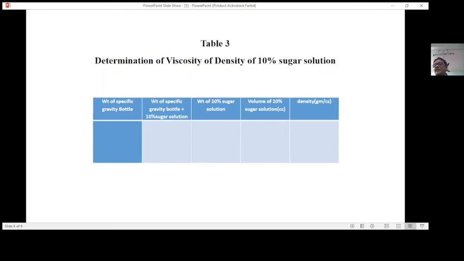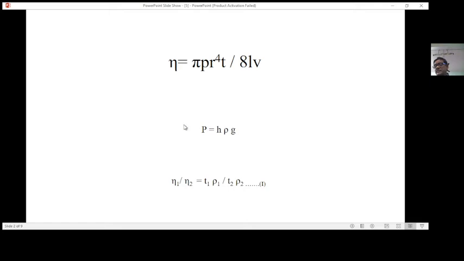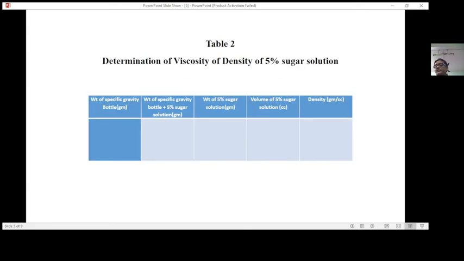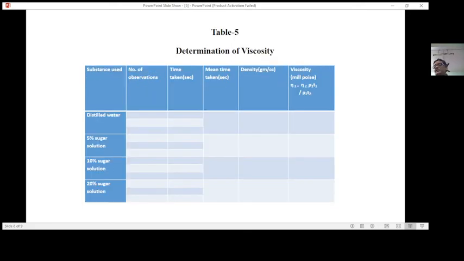So what we have done is that all the rows have been determined for the different solutions. Then master table number 5 will be there, where we have to fill in the time.